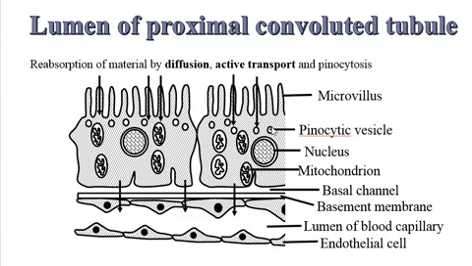Then it fuses with a lysosome and digestion takes place. The amino acids are used by the cell. Then glucose and some other ions from this cell which makes up the tubule are actively transported from this cell into this space.